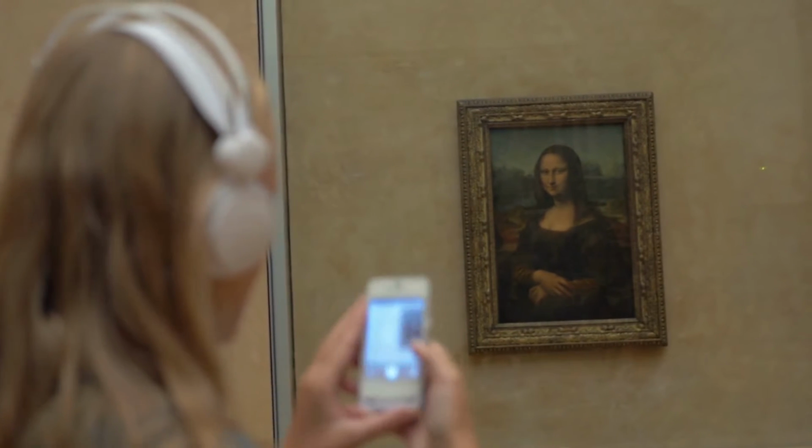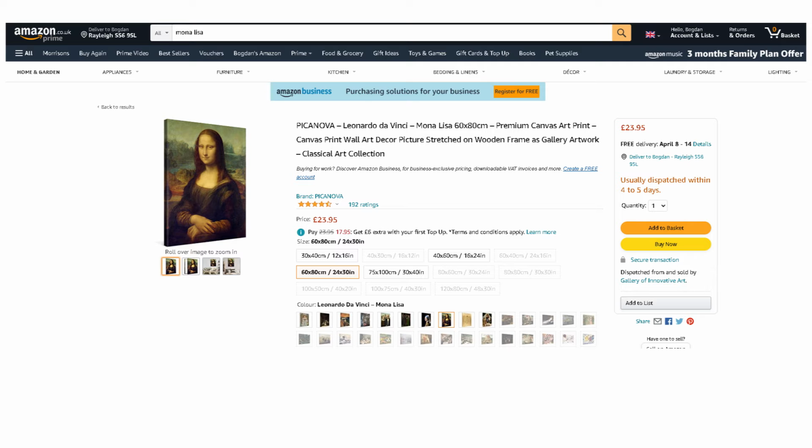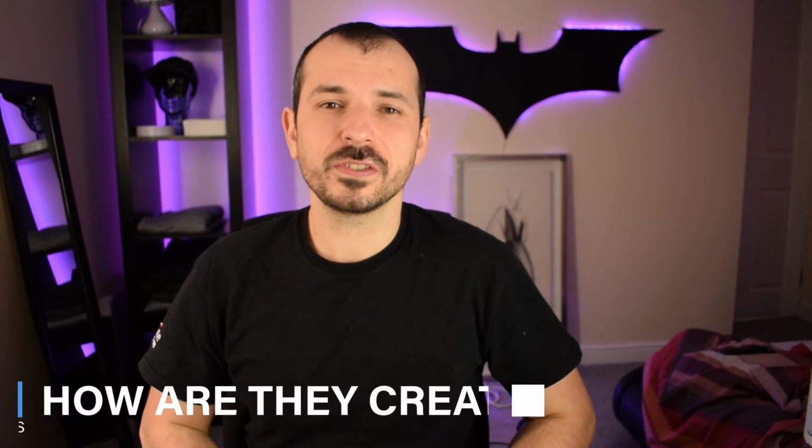You cannot swap that for, let's say, a printed copy on Amazon. That means that non-fungible means that it's unique. Fungible items are pretty much any type of currency, right? If you take a dollar, you could swap it with any other dollar, or you could divide it into many cents.